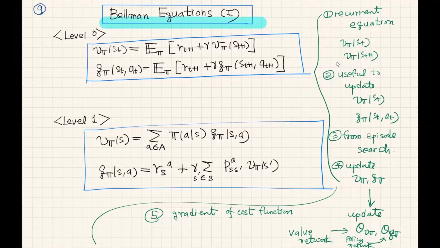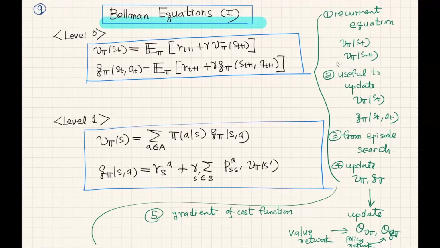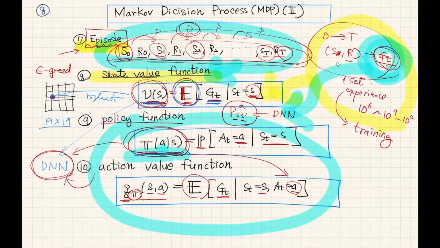The Bellman equation is a very useful method, and repeatedly we're going to use it. So in this class, you have to have a very good idea about the Markov decision process conditions. Second, you have to understand the Bellman equation. By combining those two, we can move on to build up the game, and later on we can apply that to the training of the policy network and state value function network.